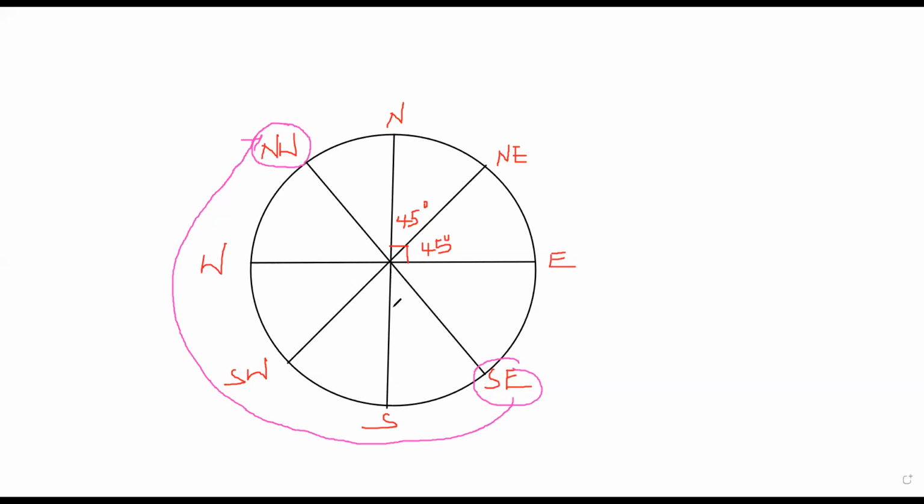However, you can add these segments: 1, 2, 3, 4. Each segment is 45 degrees. So 45 times 4 takes you to 180. So Martha, I don't know if that helps.